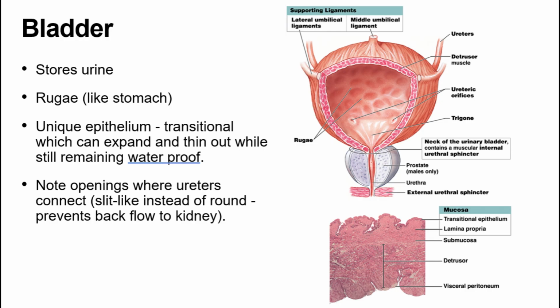You can see here the ureters actually run posterior to the bladder, and they open at these ureteric orifices. These are slits instead of round in shape, and that helps prevent backflow to the kidneys. In humans, it seems a little strange that you would have the ureters drain more inferior in the bladder.